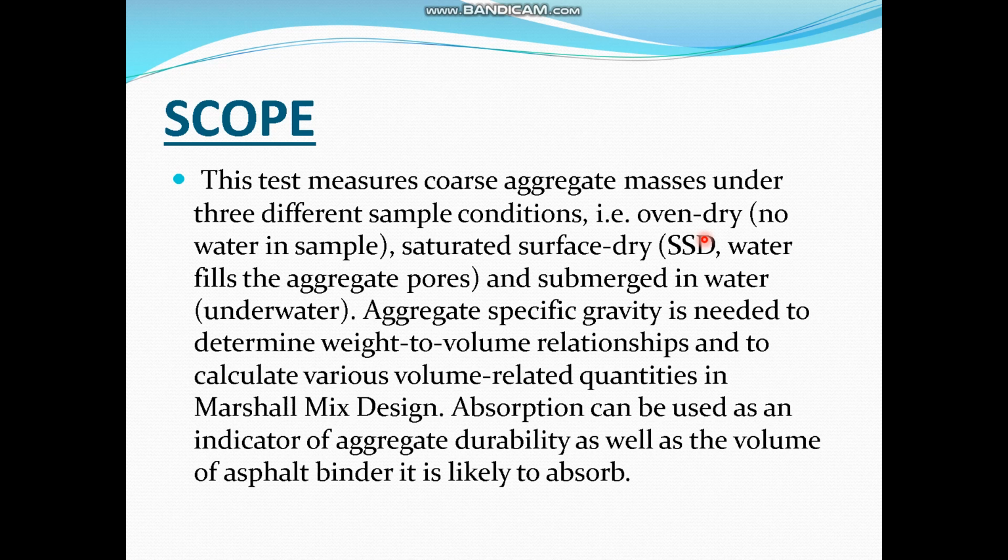The buoyancy balance apparatus is essentially a weighing balance, but it has a sieve, a wire mesh connected to the bottom of it for taking submerged weights. We will be taking three weights of aggregates: the dry weight, the submerged weight, that is when the aggregate is dipped in water, and the third weight is the saturated surface dry weight, where we take out the aggregate which was submerged in water and dry it with a towel, just dabbing it slightly so that the surface is dry but the voids within the aggregate are filled.